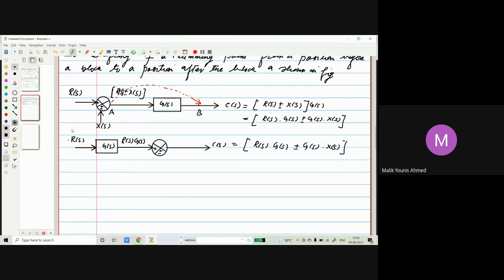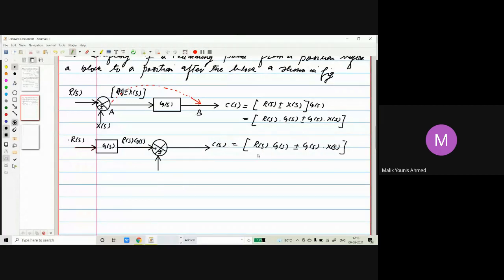So for sure it is clear that this is plus and minus. Okay, for sure, this signal, see, input is R of S, G of S. This output, that means this total value, is equal to what?